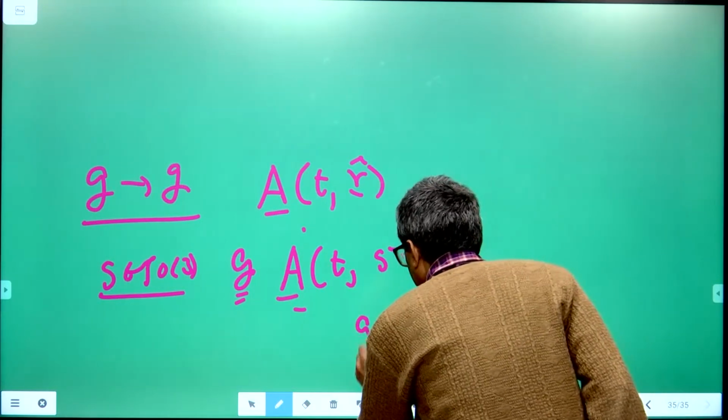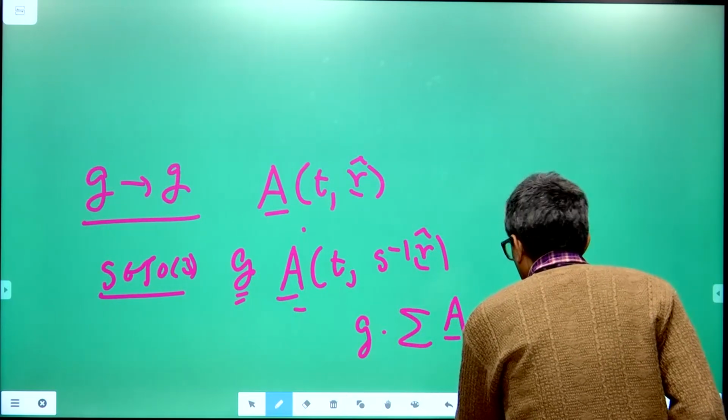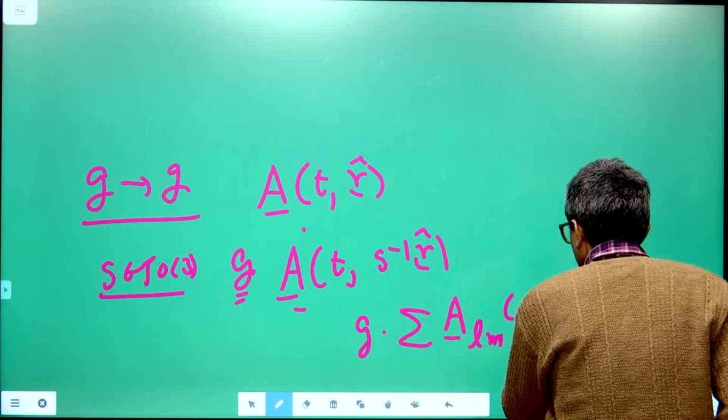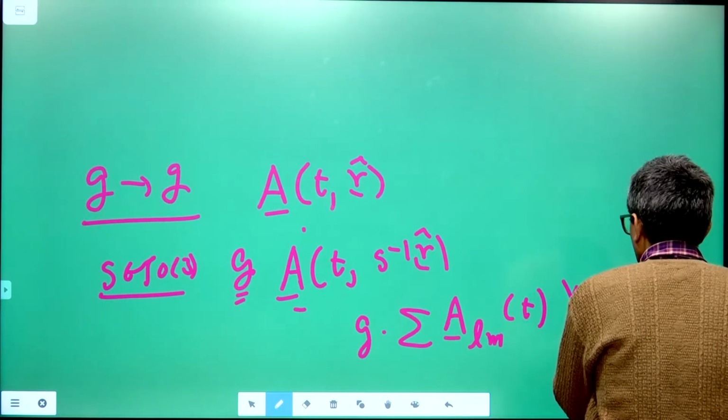So I write this as G times summation of the vector ALM of t into YLM of R cap at G inverse R cap.